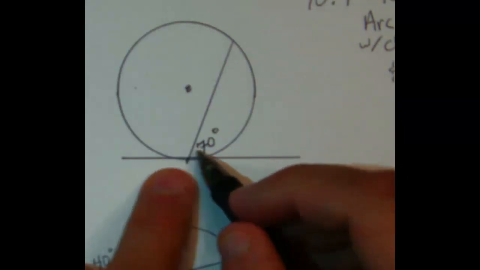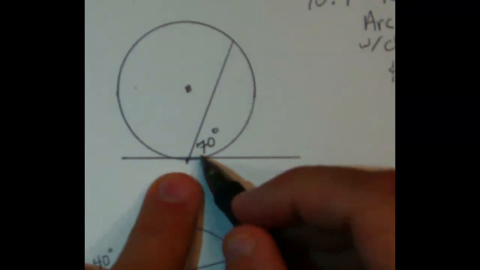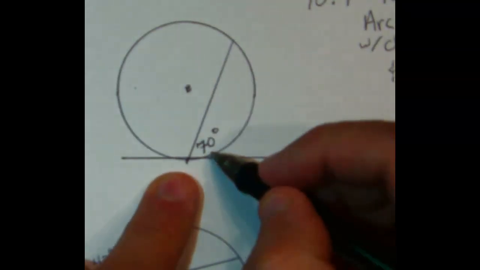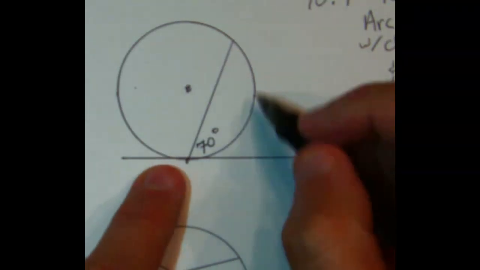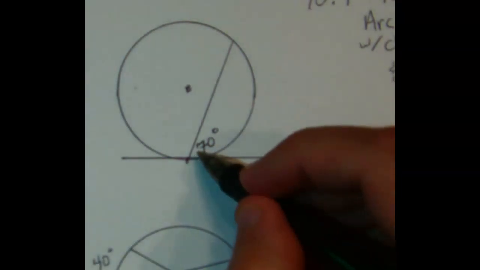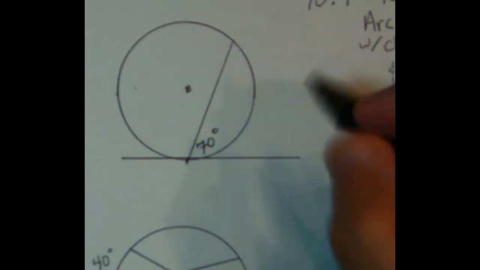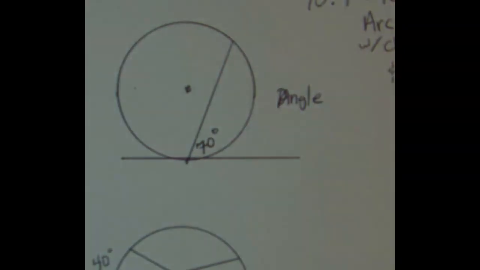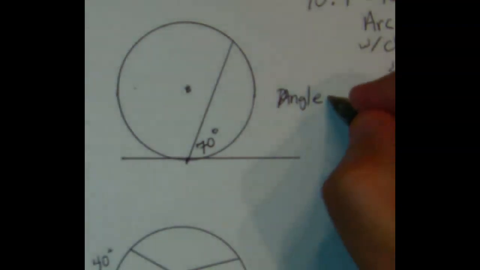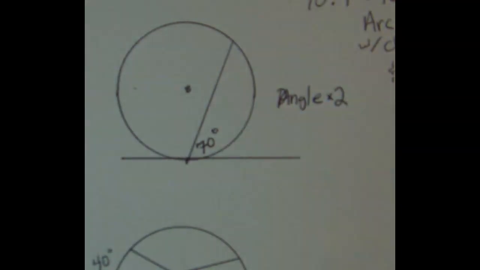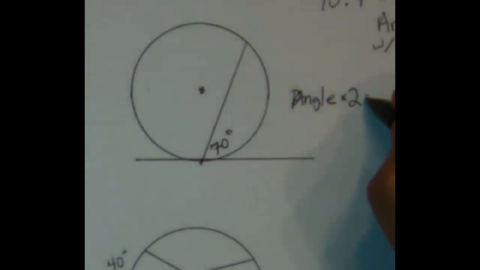And what you're going to have to determine in these pictures are the angle measures or the arc measures. And there is a simple formula that you'll use. If you take the angle that is formed by the chord and the tangent, and you multiply it by 2, you will get the measure of the arc.